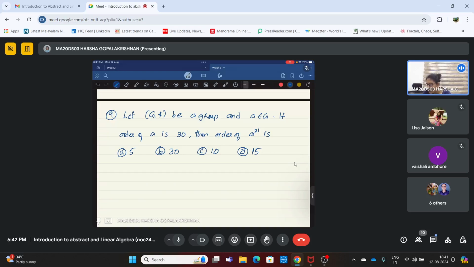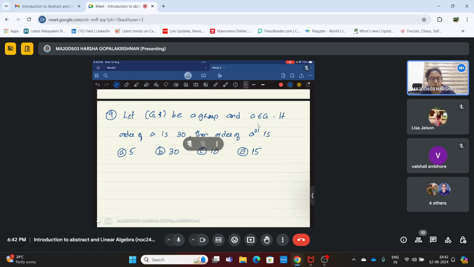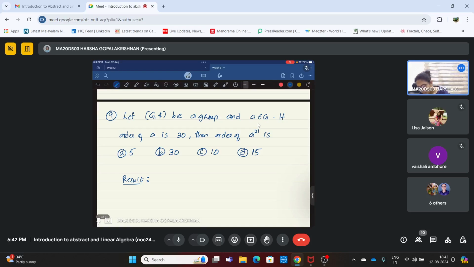If the order of A is given, what is the order of A power n? If you remember that, you can do it in one or two steps. That is a result that was discussed and proved in the class, so I am not going into the details.